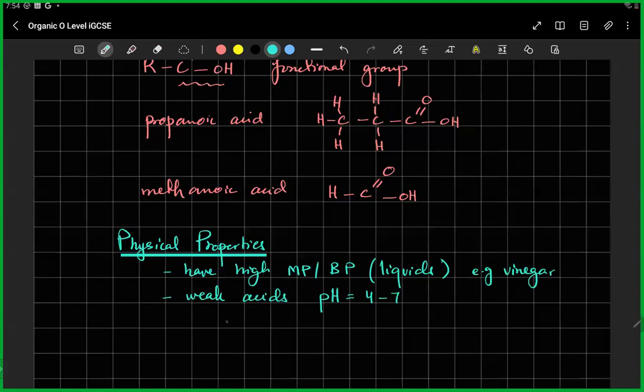Weak acids होने की वजह से citrus fruit के अंदर जो acidic sour taste होता है, malic acid that's in apples. A lot of your fruits have carboxylic acid. So they're going to have वही bitter sour taste जो vinegar का होता है.